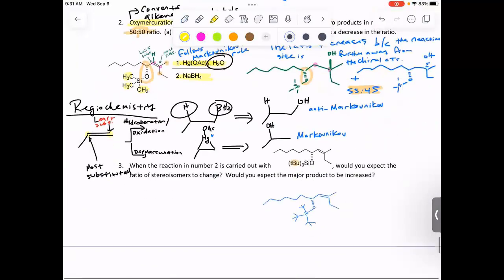So what did we change? Did we change the size, or did we change the proximity to the reactive sites? Size. We changed the size. So somebody read that question and tell me how you would answer it.